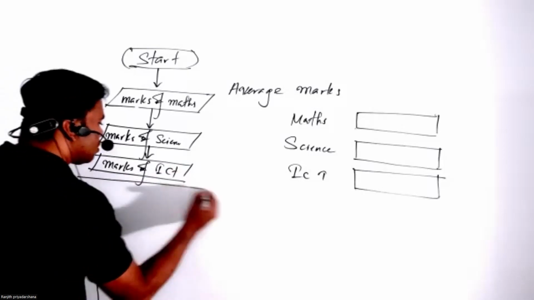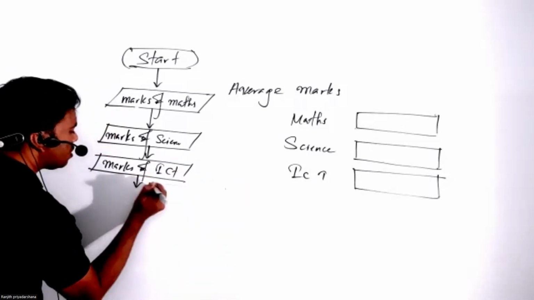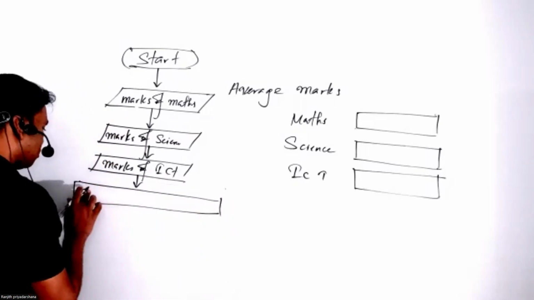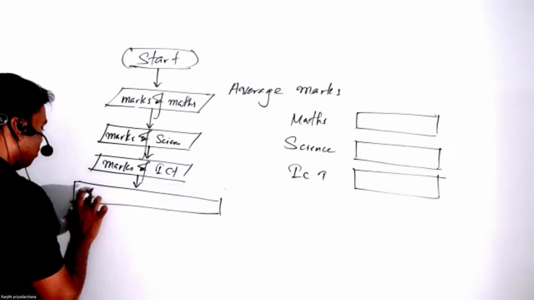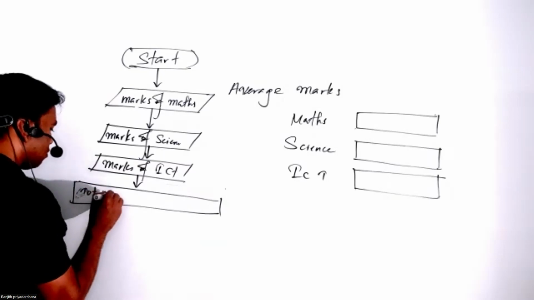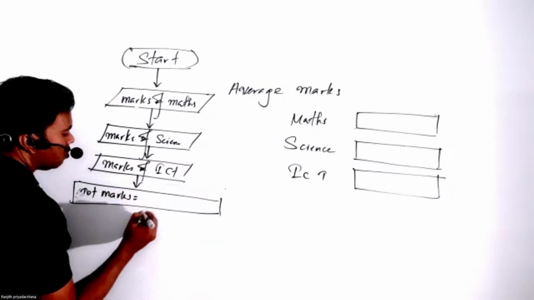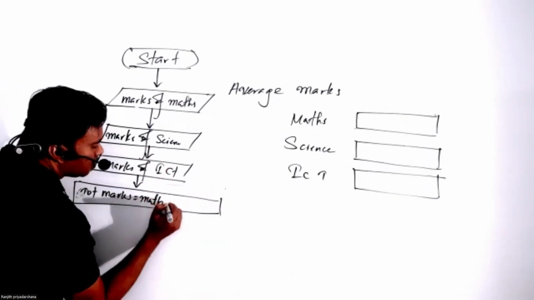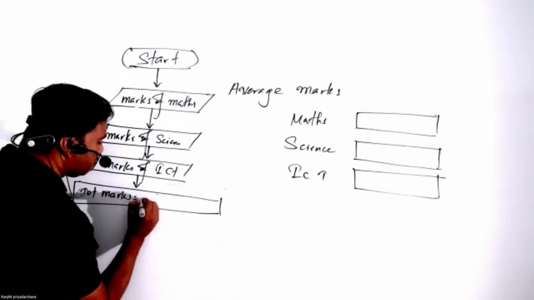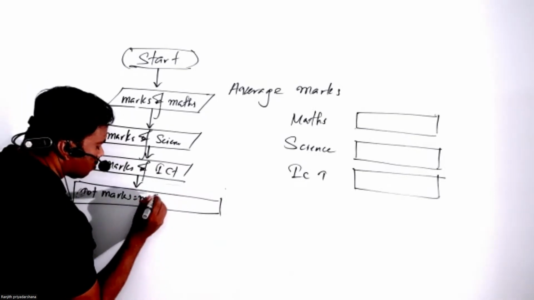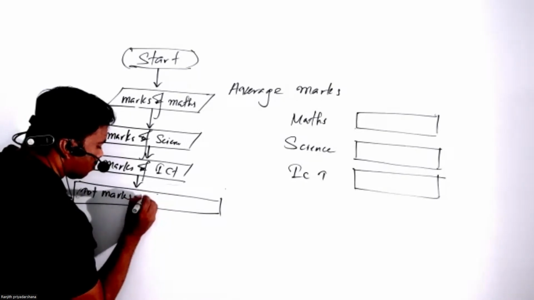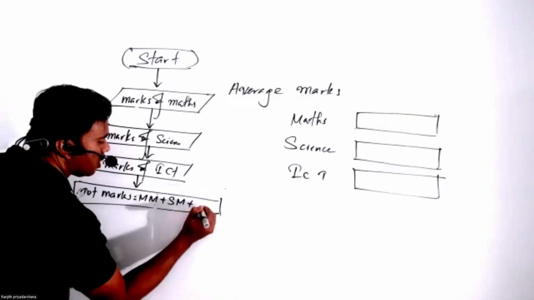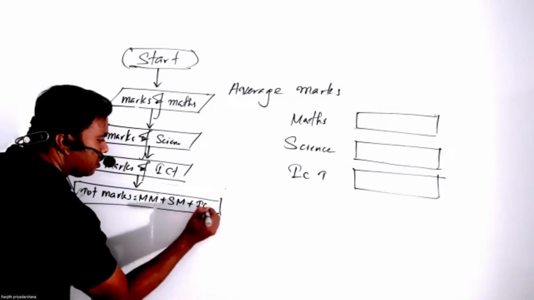And then it is processed. Make a process. Yes, that's total marks equals math marks MM plus science marks SM plus ICT marks ICM.